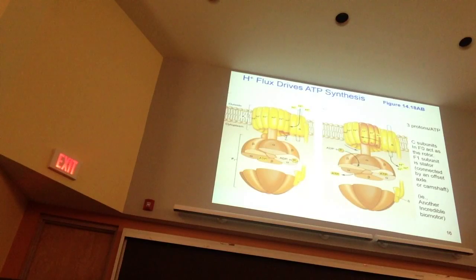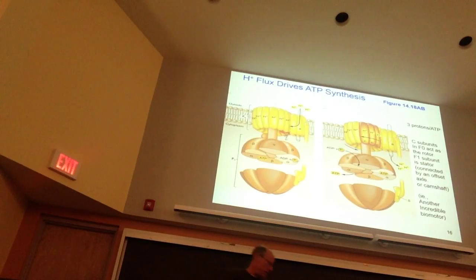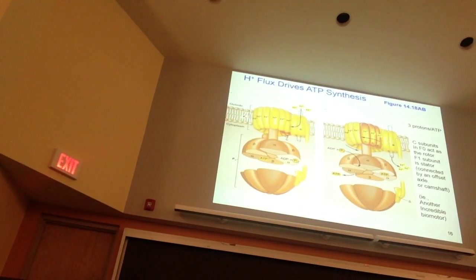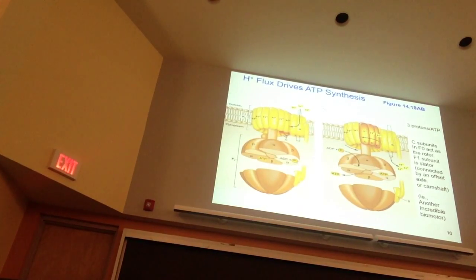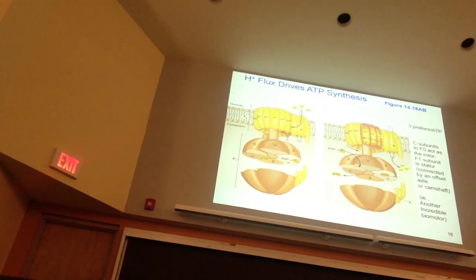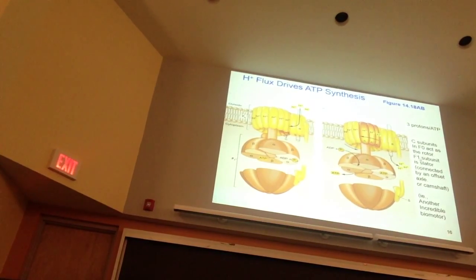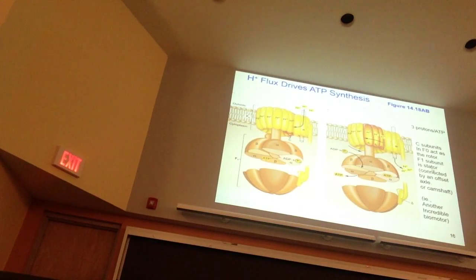Okay, so in text form, using the same terminology that we use to describe the flagellar motor, these C proteins would be called the rotor because they are rotating, whereas the F1 subunit is a stator.